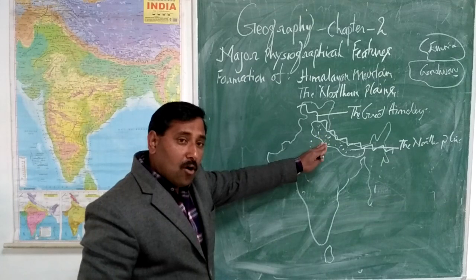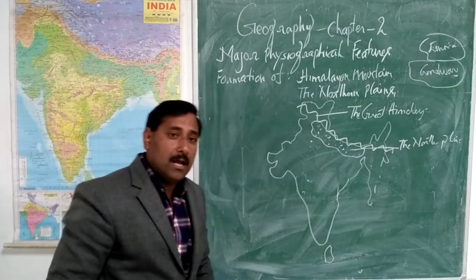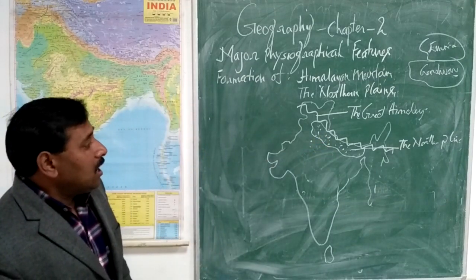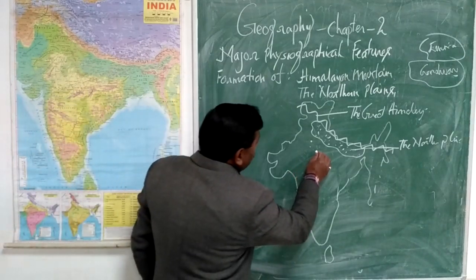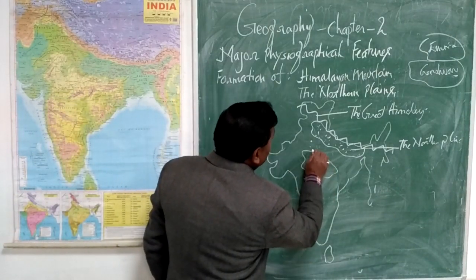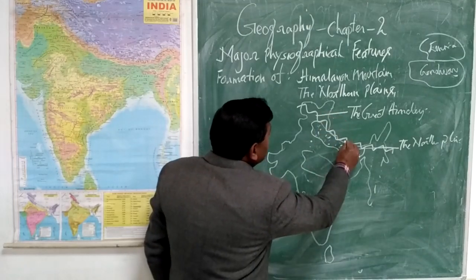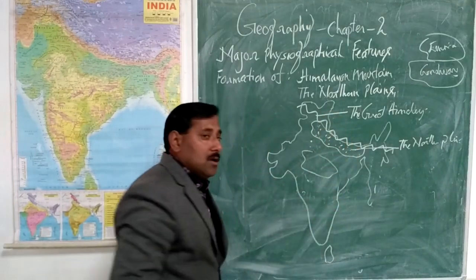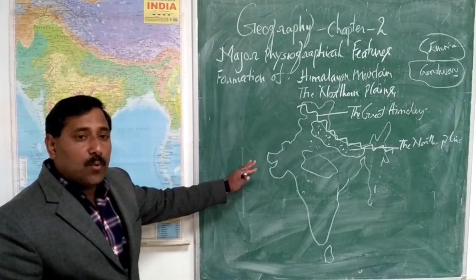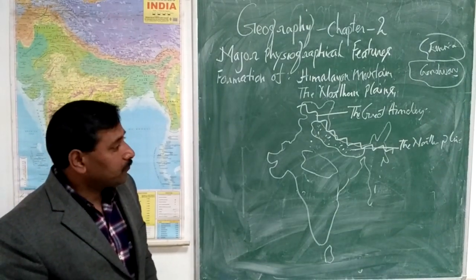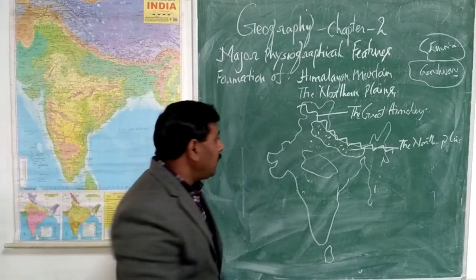The formation of the Great Himalayas took place during the same time, from the Deccan part and from the mountainous areas. Due to erosion, transportation and deposition, three very important processes took place over here.